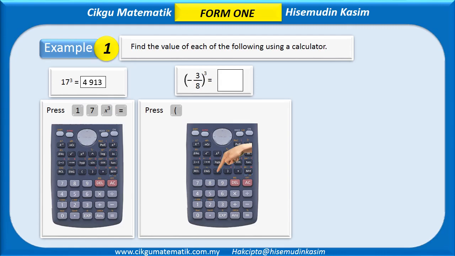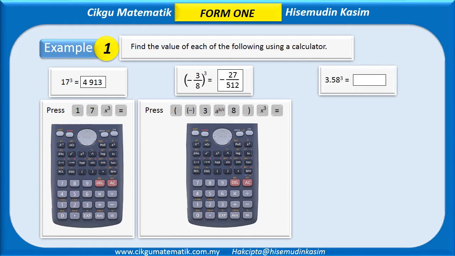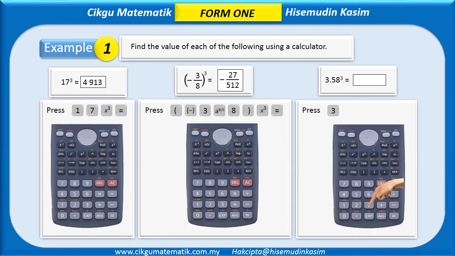Press open bracket, negative 3, fraction 8, close bracket, cube, equal: negative 27 over 512. 3.58 cubed. Press 3.58, cube, equal: 45.883.